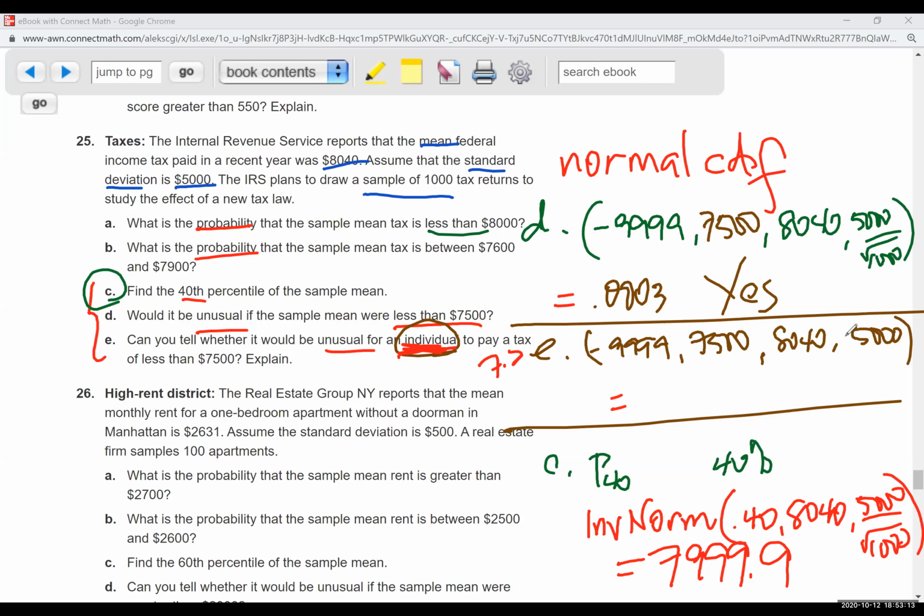So try this, and what is your answer? You all got 0.4217. And definitely it is not unusual.